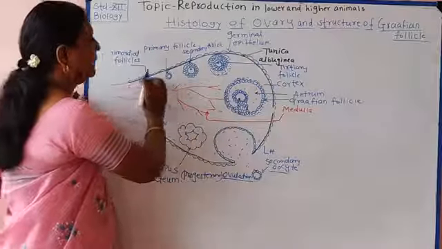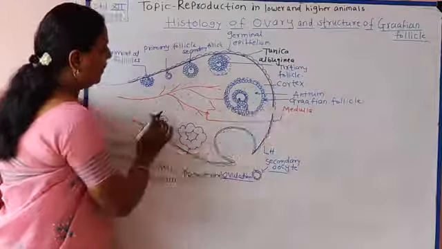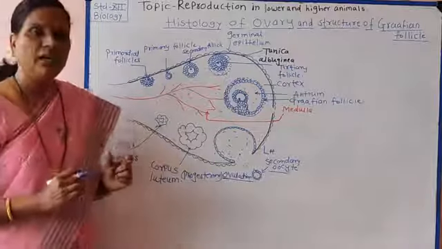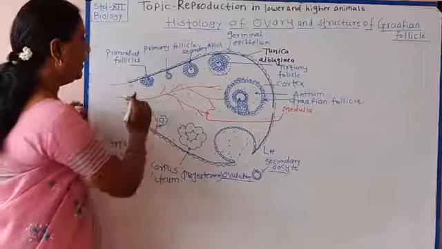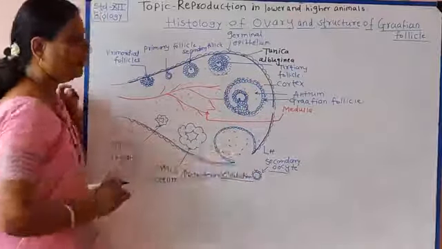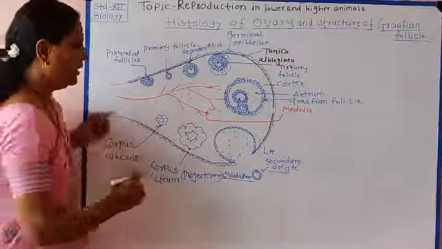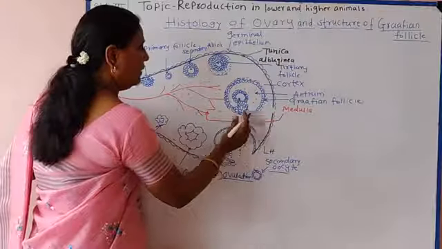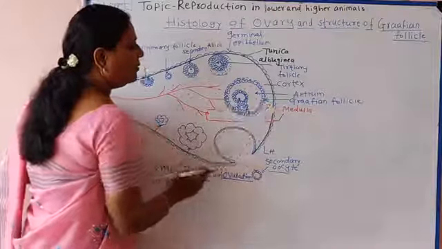So these are the different developing stages of the follicle. We can see them in the transverse section of the ovary, in the cortex region. Now we will study the structure of the Graafian follicle.